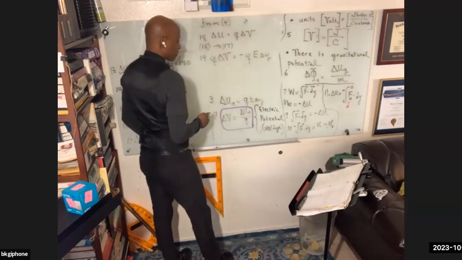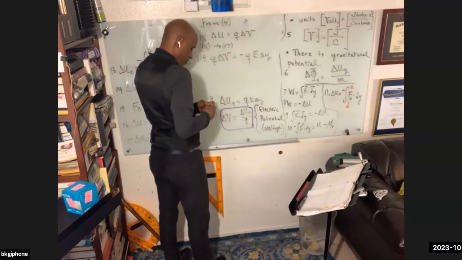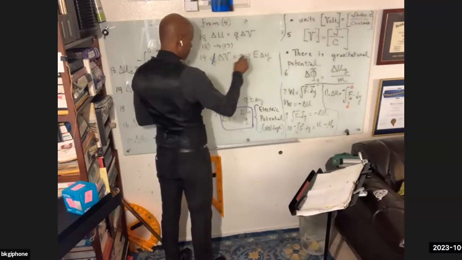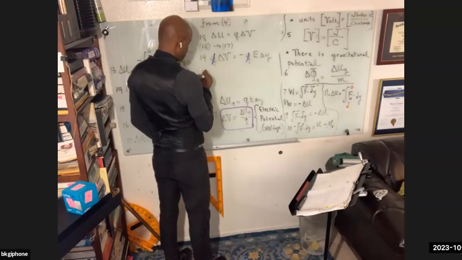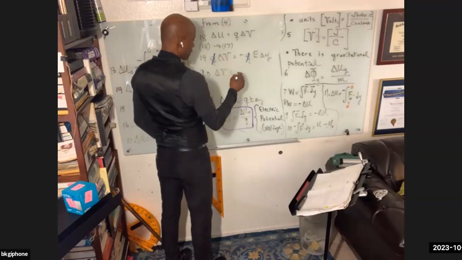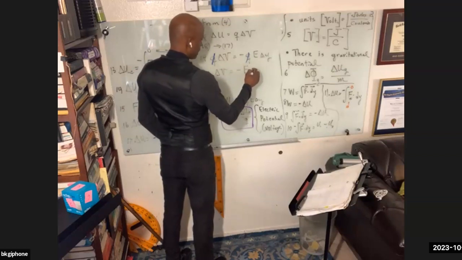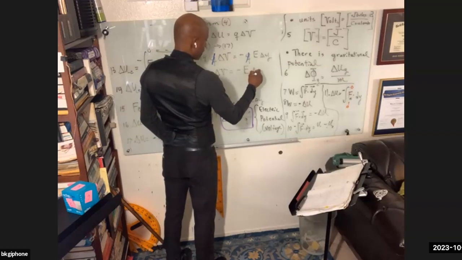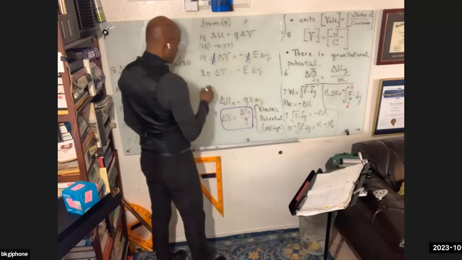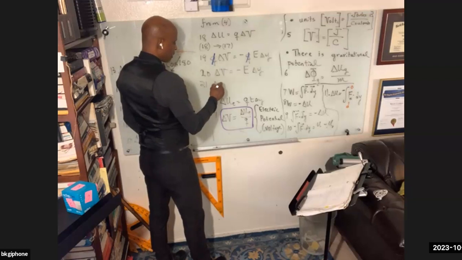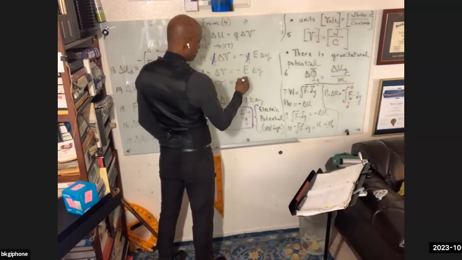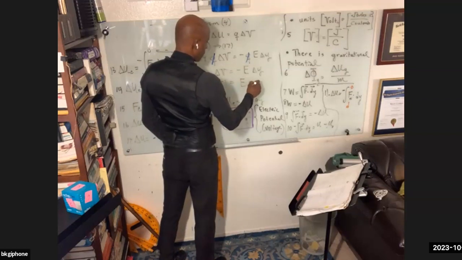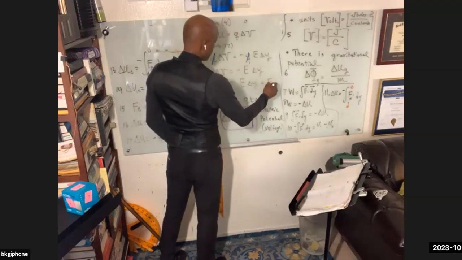Let's just go back to the general. So the Q's go out, and you have that delta V, the change in voltage, the electric potential, is equal to minus E delta Y. In terms of absolute value, the change in electric potential is equal to E delta Y, or, if you had values, it's ED.